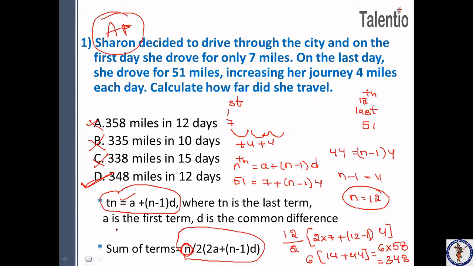In arithmetic progression, please remember nth term is equal to a plus n minus 1 into d, and the sum of terms is equal to n by 2 into 2a plus n minus 1 into d. Clear? You may get one question from arithmetic progression, so please pay attention. Shall I move to the next question? Are you clear with this question, everyone?